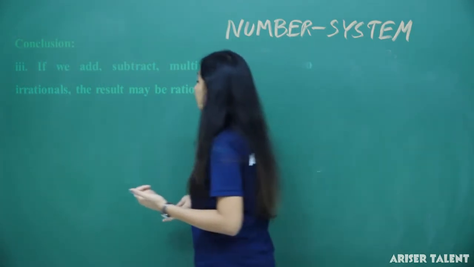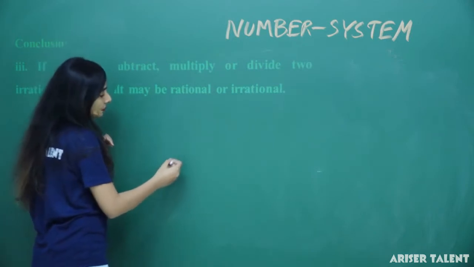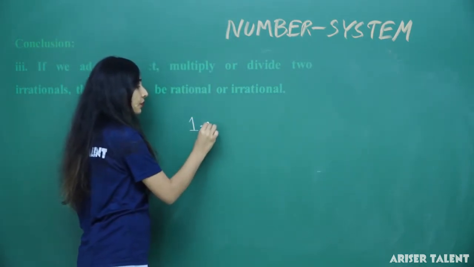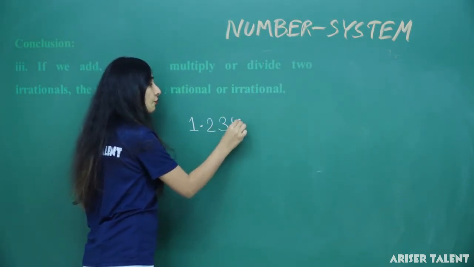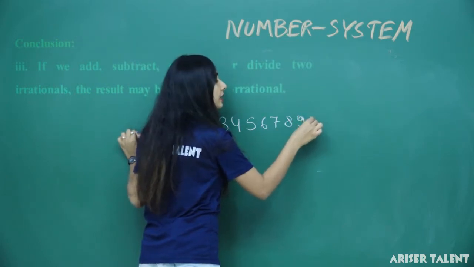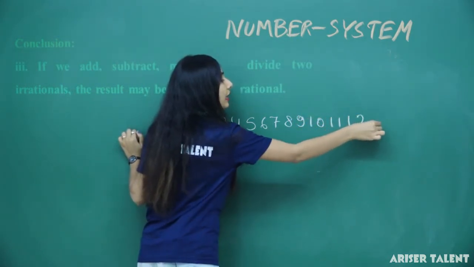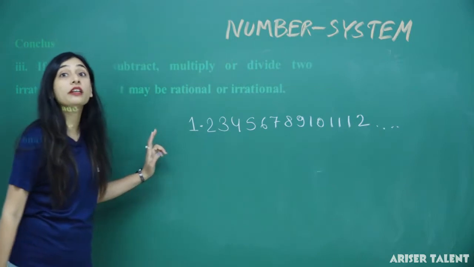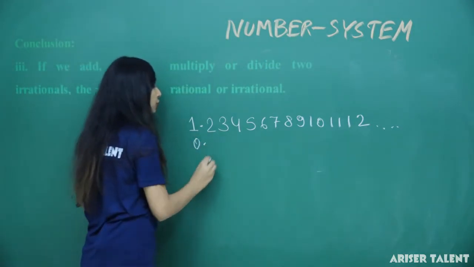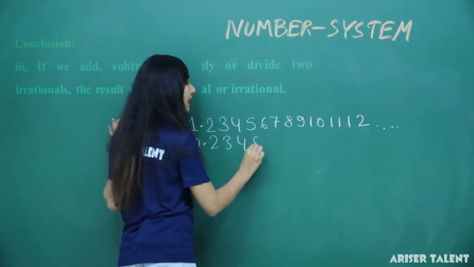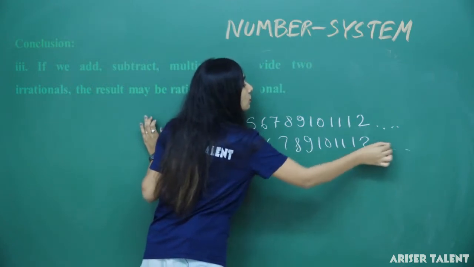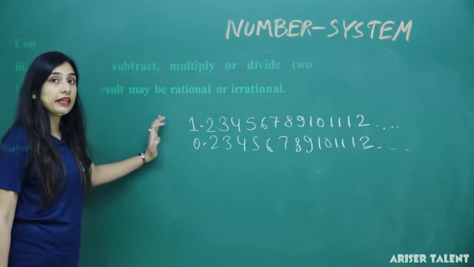Now students, suppose I have the number 1.23456789101112 and so on. This is my first irrational number, and my second irrational number is 2.0345678910111 and so on. This is my second irrational number.